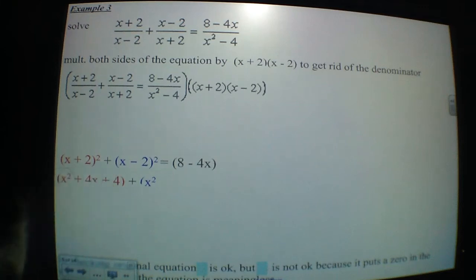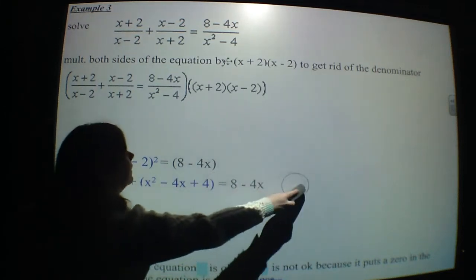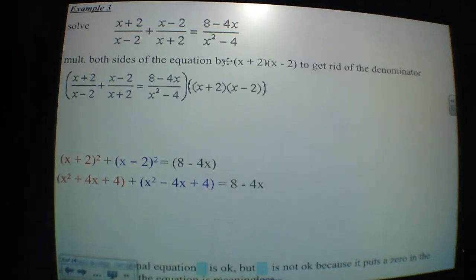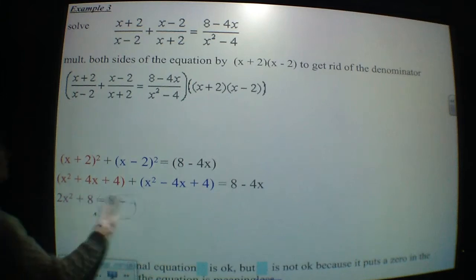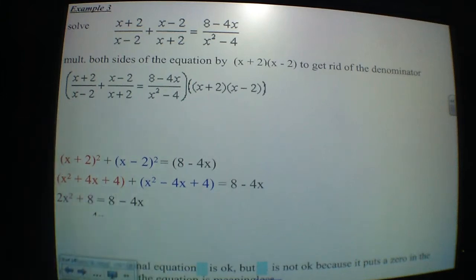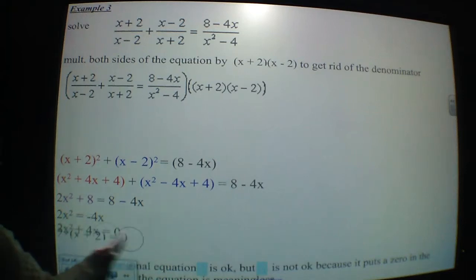FOIL, and FOIL again. Combine your like terms. So 2x squared, those cancel out, plus 8. Move everything to one side. When I first started doing it, I could also solve it a different way, but I'm moving it all to one side.